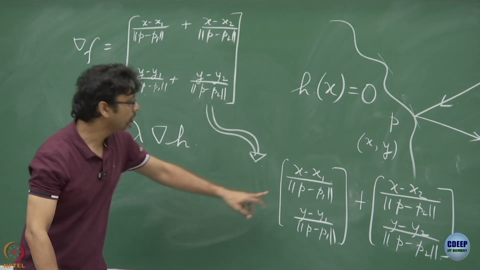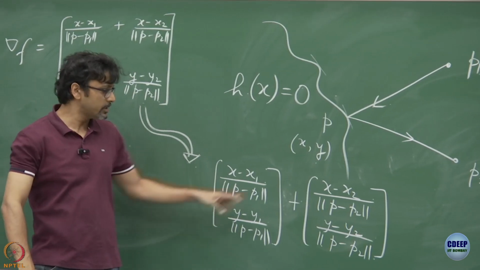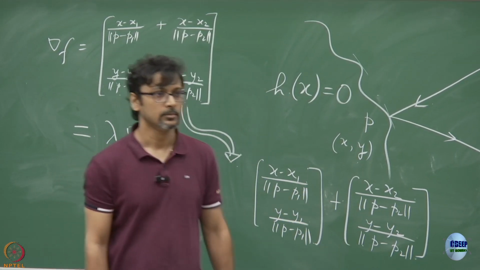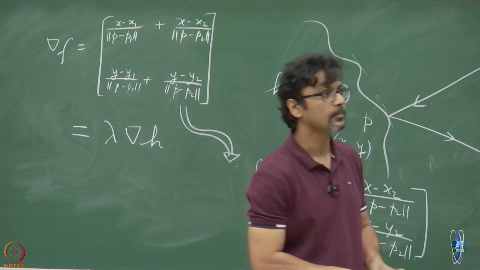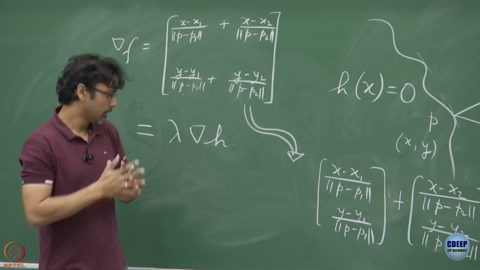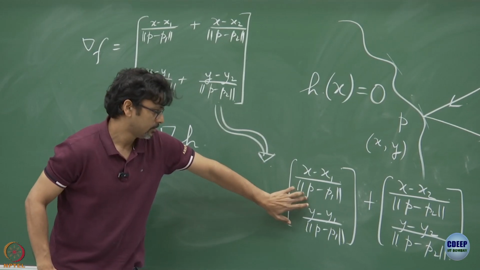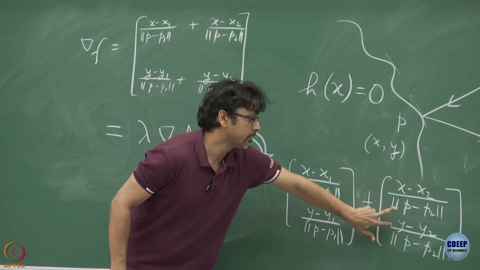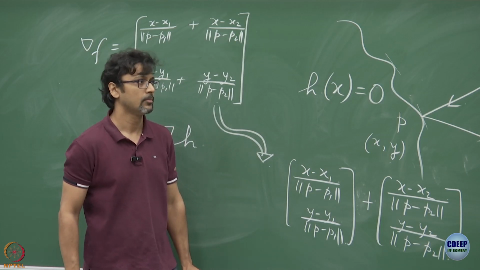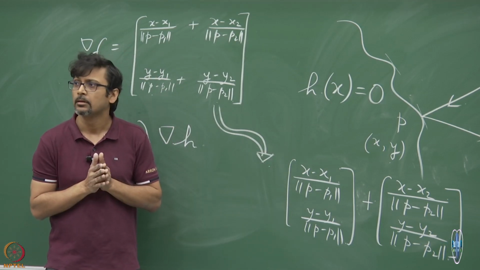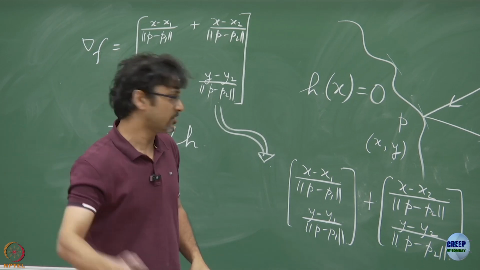What can you say about these two? What is a very interesting property of these vectors? Let's pull out this denominator common from here and this denominator common from here. Does that ring a bell? What's special about these vectors? They're unit vectors, fantastic.